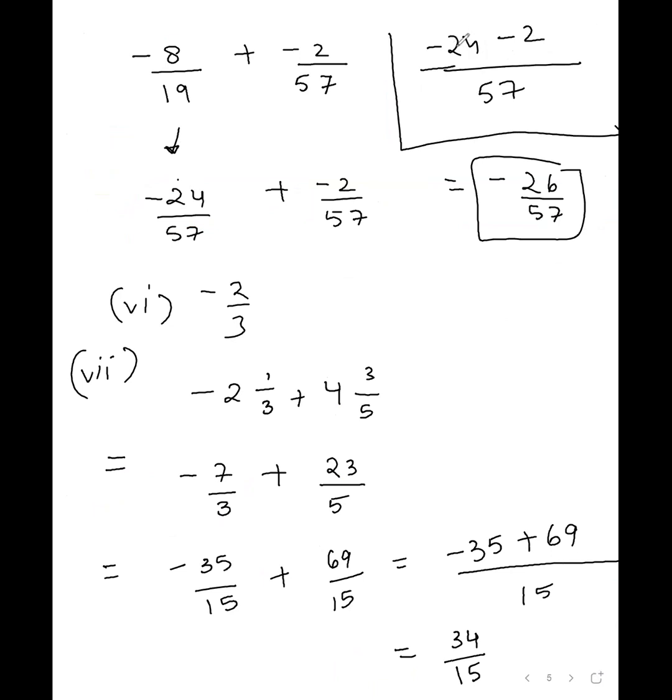Now, what did we discuss? When we have two numbers which we are operating on, and both of them have the same sign, what do we do? Add or subtract? Add. So when you added them, you added their magnitudes, which is basically 24 and 2.